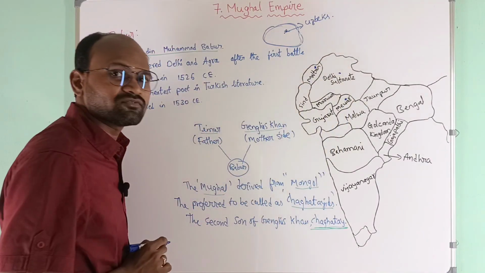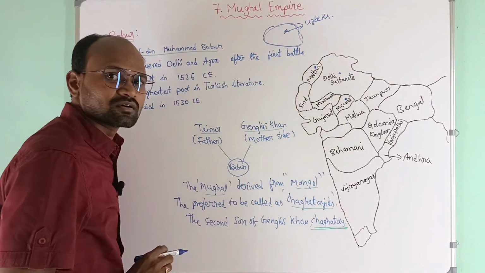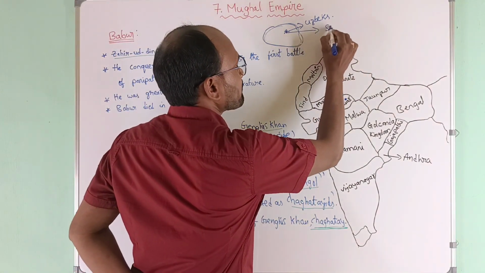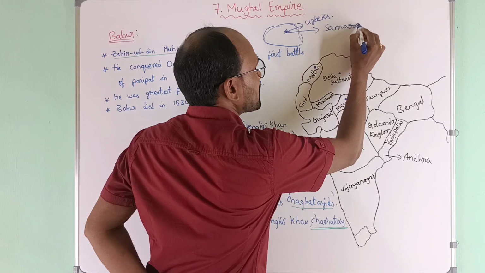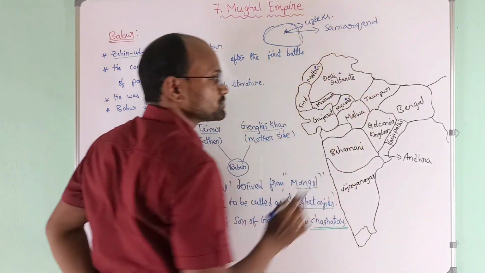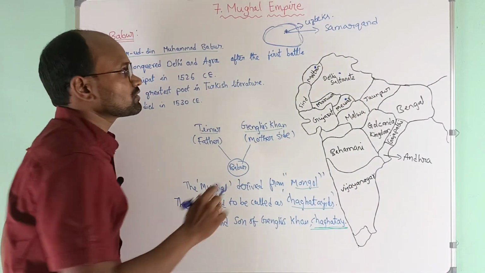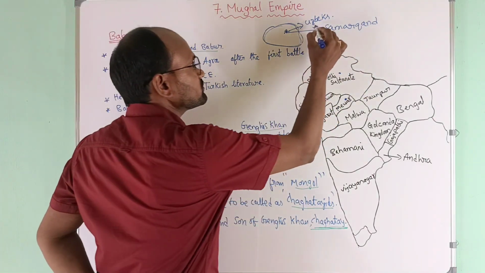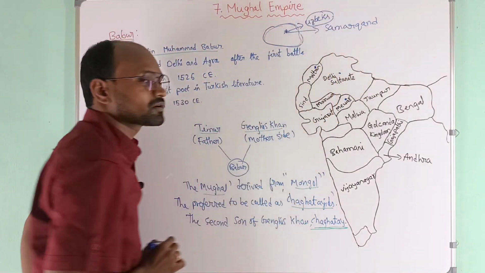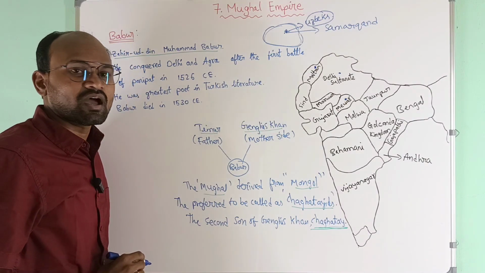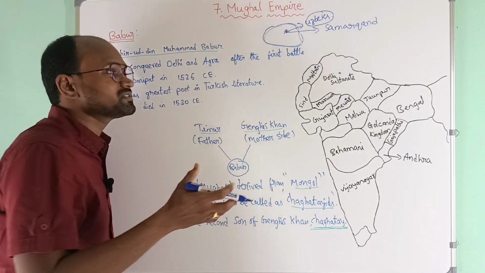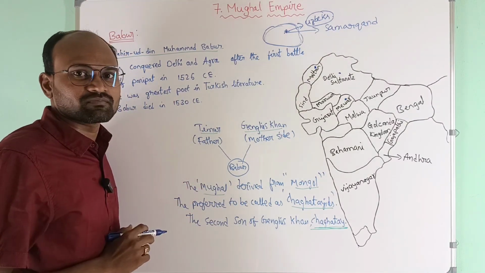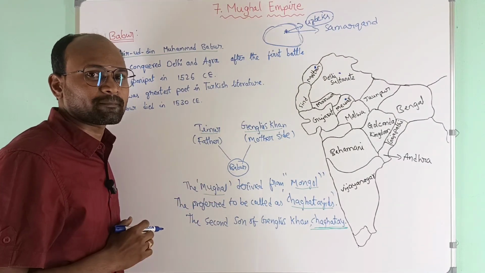This fight was for the Samarkand region, which is present in Uzbekistan. Babur wanted to conquer Samarkand, but because of the Uzbeks, he could not. His dream of establishing an empire in Central Asia remained a dream. He could not make it a reality.